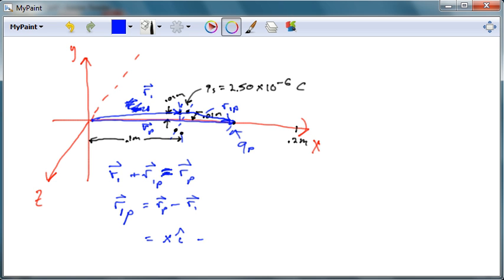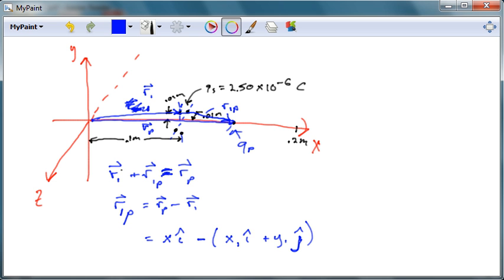And R1 is, I'll call it, x1 times i plus y1 times j. For that charged particle number 1, it's 10 centimeters along the x-axis, and then 1 centimeter upward. So 0.1 meters times i plus 0.01 meters times j.